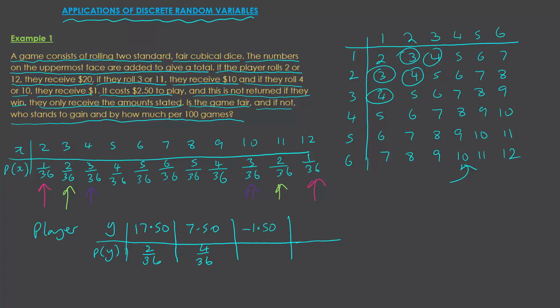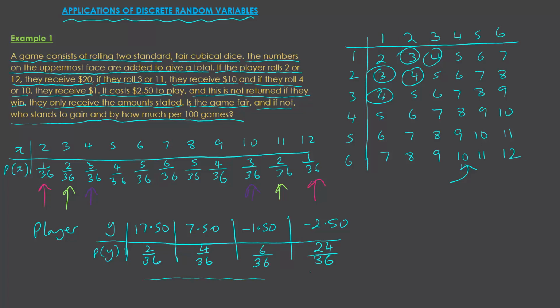You gave them $2.50, and they give you $1 back. And so the probability of that is 6 out of 36. And if you don't get any of those values, you're down by $2.50 because that's what you paid to play the game. And so since these add up to 12 over 36, the probability of that is 24 out of 36.